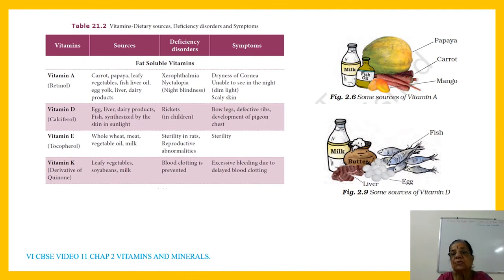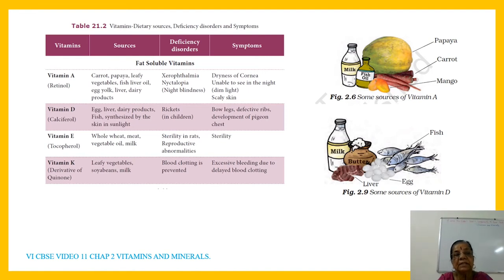Now sources of vitamin A: papaya, carrot, mango, fish oil and milk. I repeat, papaya, carrot, mango, fish oil and milk. Whereas sources of vitamin D are milk, butter, liver, egg and fish.